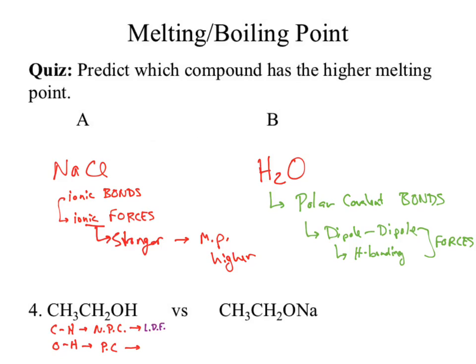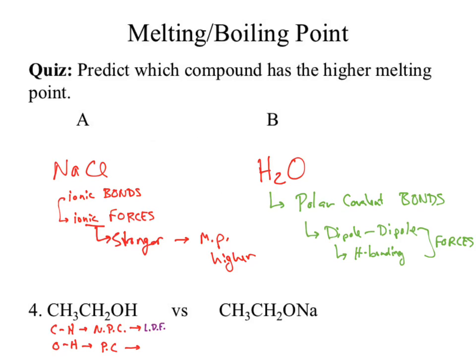Why is the oxygen to hydrogen polar covalent? Well, it's not same to same, and it's not carbon to hydrogen. Officially, the difference in electronegativity between those two is larger than the classification for nonpolar covalent. Also, officially, it's smaller than the classification for ionic.